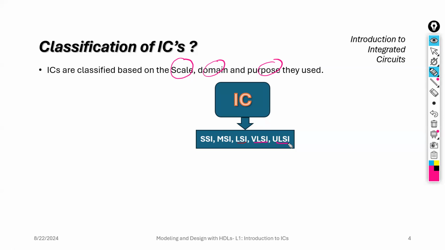Based on the scale, meaning the number of components. For example, SSI, small scale integration, means approximately 10 transistors to 100 transistors, or otherwise we can simply call it 10 components to 100 components.